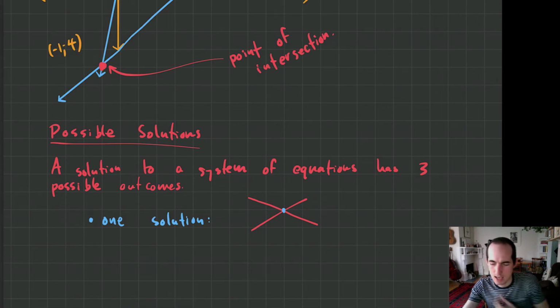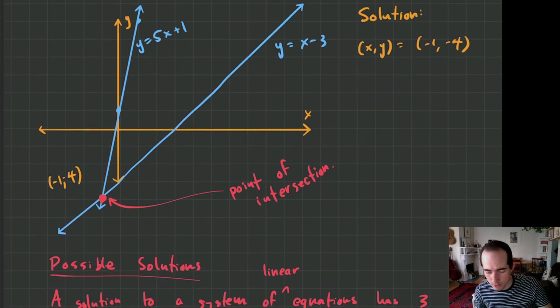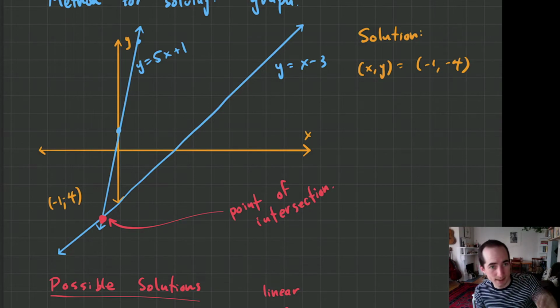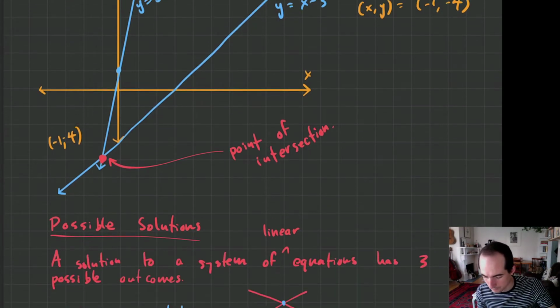And I should say a system of linear equations, so that's just straight lines. There are 3 possible outcomes. The first outcome is that you have one solution, and that's what we had here, right? We had 2 lines and they intersected at a single point, and that single point is your solution.